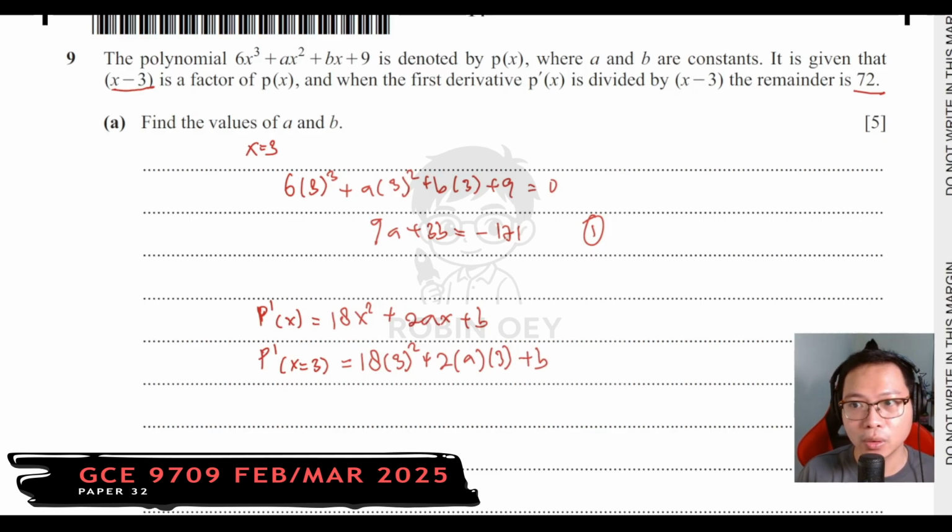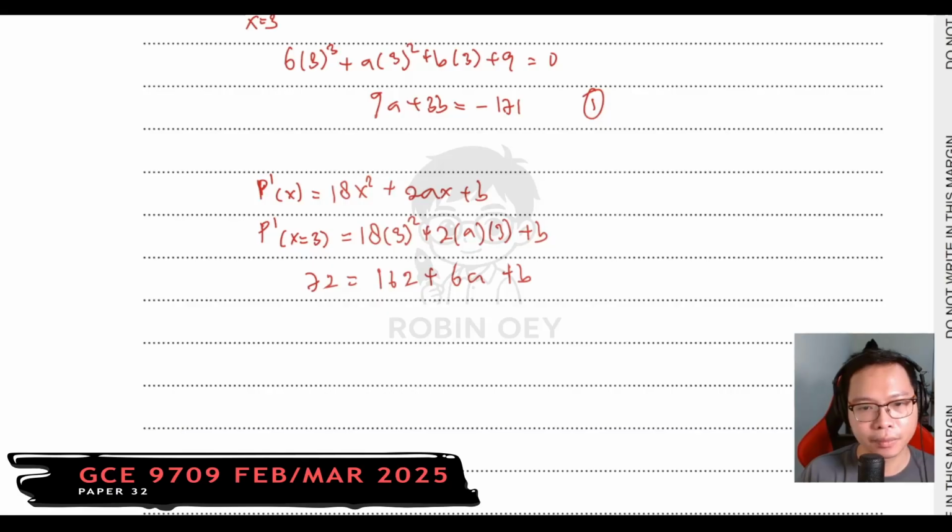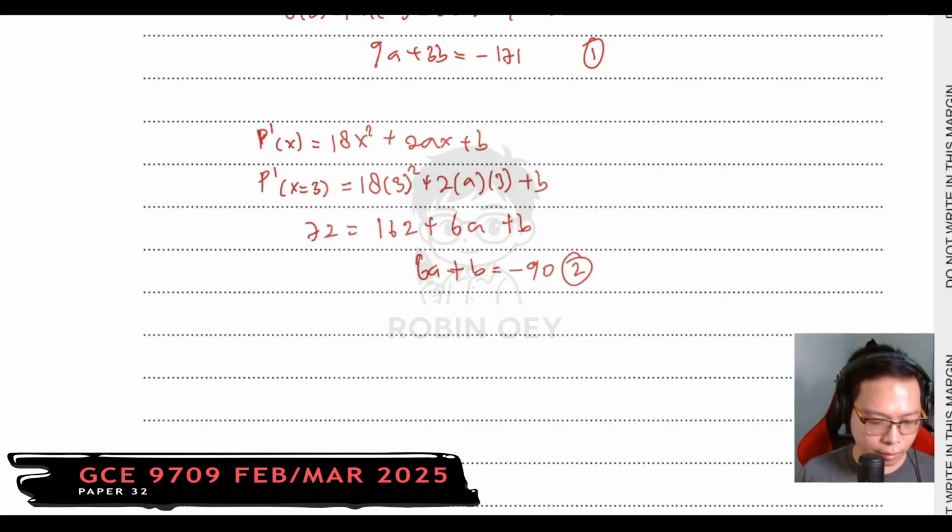This equals 72. So that is 162 plus 6a plus b, so 6a plus b equals negative 90. So this is our second equation.